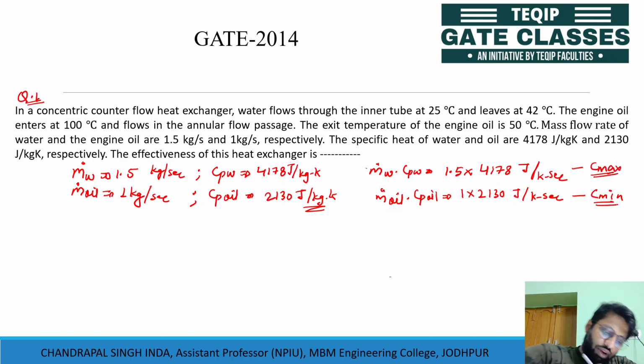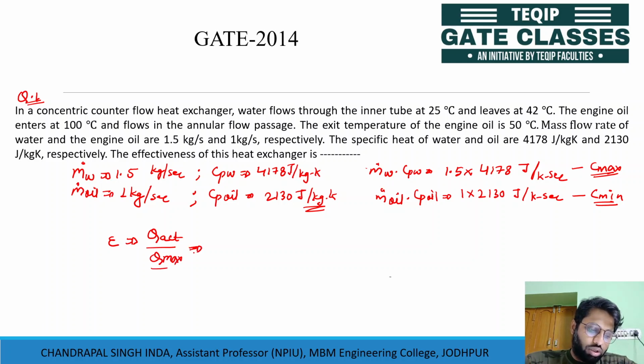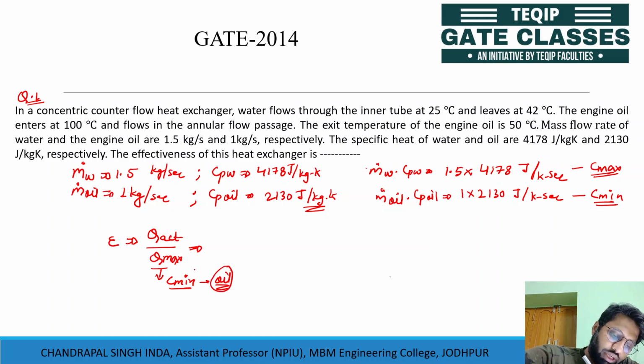So we can find the effectiveness of the heat exchanger will be equal to the Q actual by Q max. And for Q actual I will use the heat transfer through the oil, and as the Q max is equal to the C minimum and C minimum is related to the oil, so I will use the actual heat transfer for the oil to make the calculation easier.